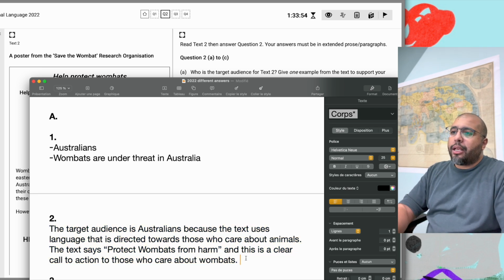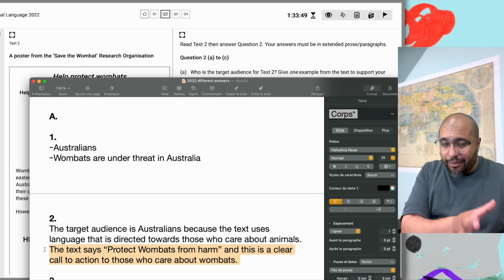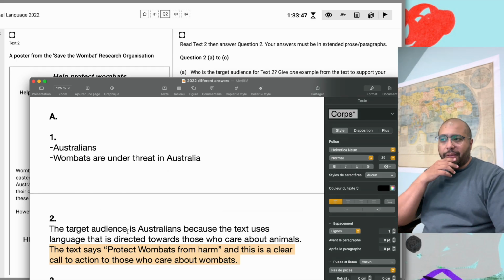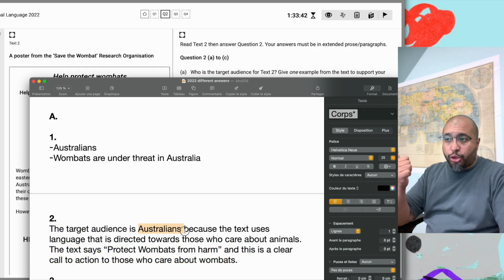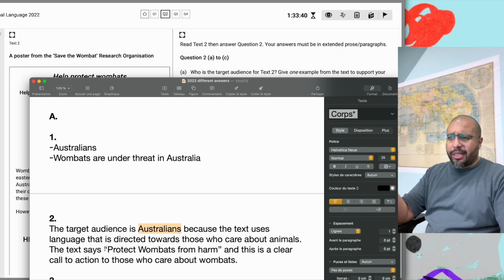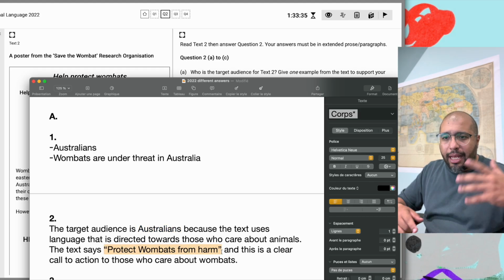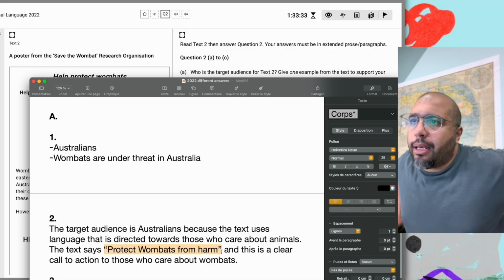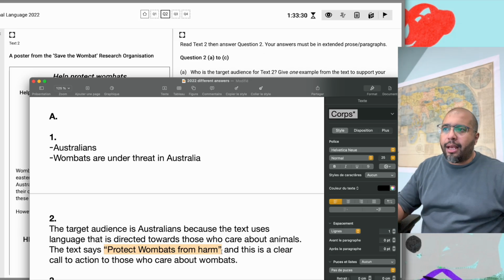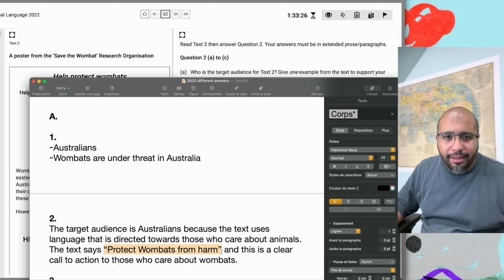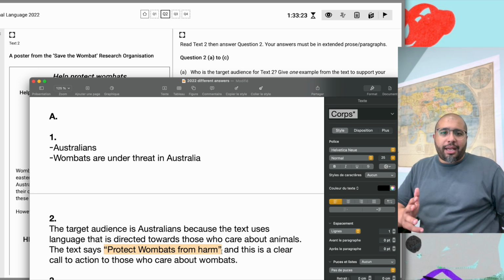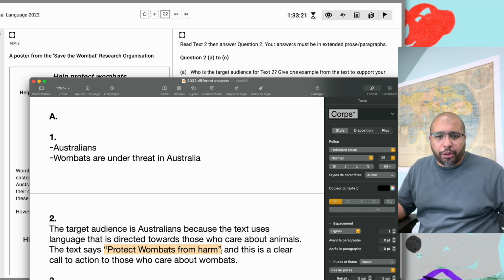Why? Because you can take a look at what is the relationship between the evidence given and the answer itself. So the answer says the target audience is Australians, but the evidence is protect wombats from harm. These two things are not connected. It's like being asked in math class, why x to the power of 0 equals 1, and you say, well, because 1 plus 3 equals 4.